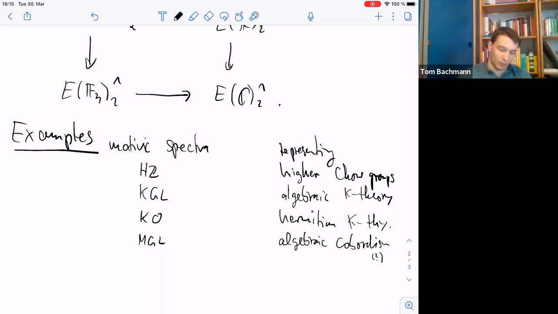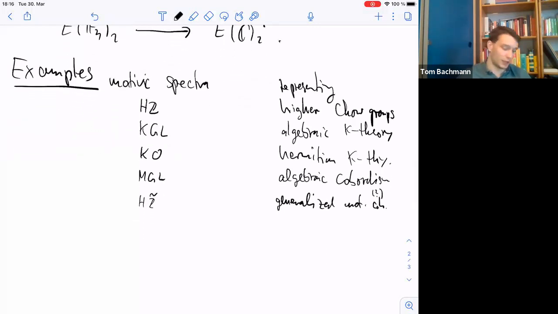Then we can get more fancy. There's something called HZ tilde. This represents something called generalized motivic cohomology. If you know about this, you're allowed to stick it in. If you don't, then probably you don't care very much. And then there are some other guys, little kgl and little ko.